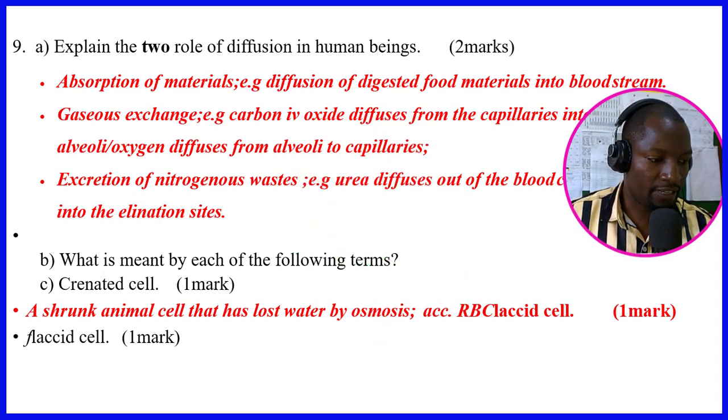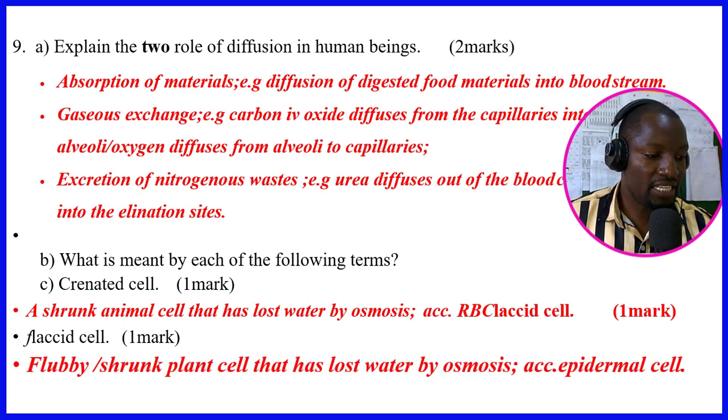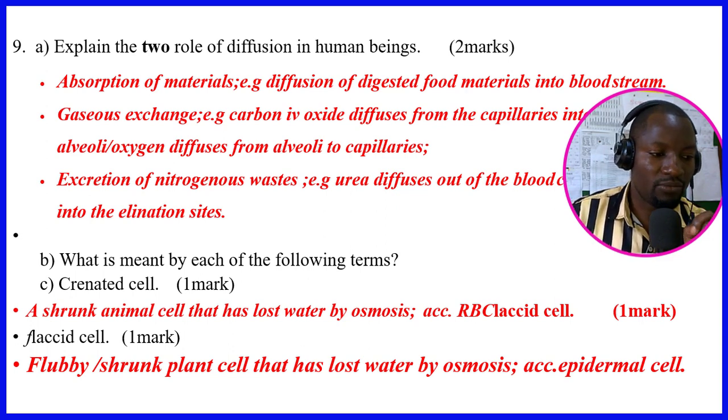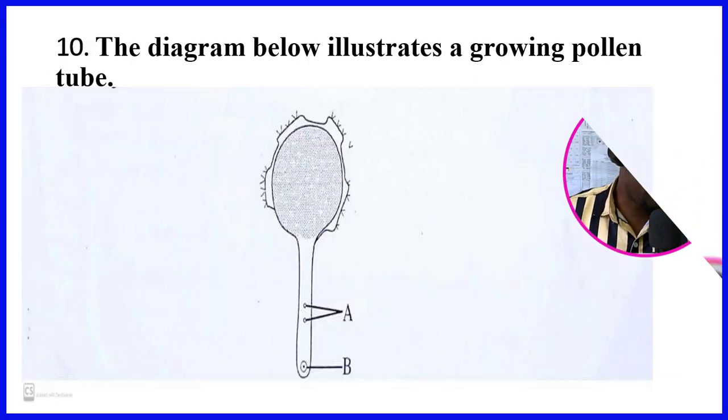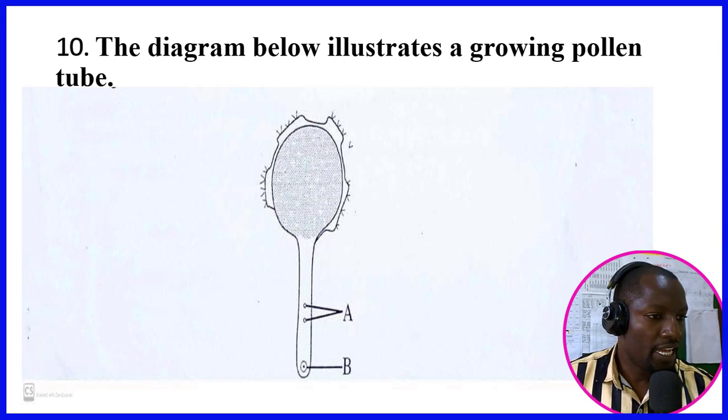A flaccid cell is a flabby, shrunk plant cell that has lost water by osmosis. So if it's an animal cell losing water, we say it has been crenated. But if it's a plant cell, we say it has become flaccid.